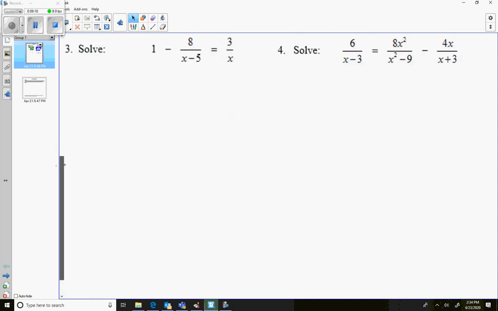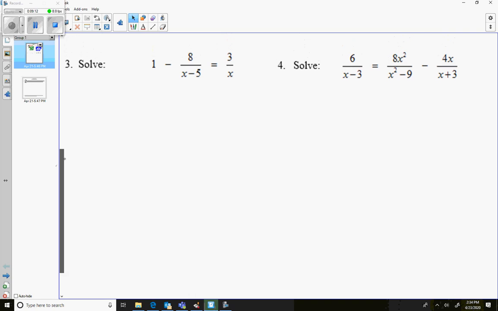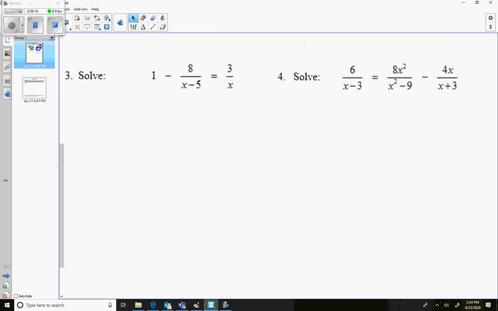Number 3. Yeah, I probably need a little extra space. Again, we are solving rational equations. Now, in this case, this term doesn't even have a fraction, so I'm not really that worried about it. This one tells us x cannot be 5, because if I said x minus 5 equal to 0, I would get x equals 5.